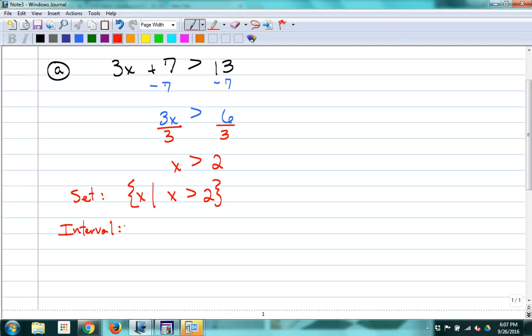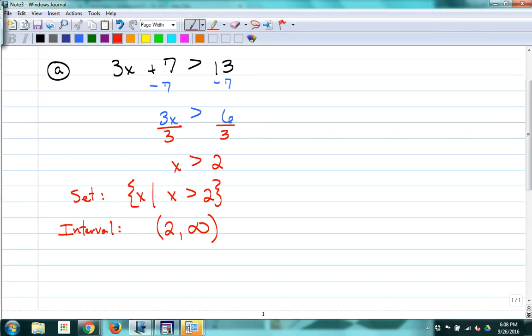So x is greater than 2, so that means all the answers are bigger than 2. So that's going to go from 2 to infinity. Is the 2 included? No, it doesn't have an equal to mark, so the 2 is not included. So we'll use a parenthesis.